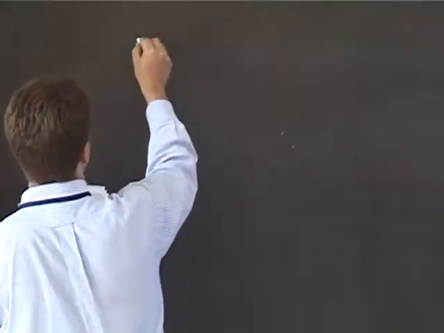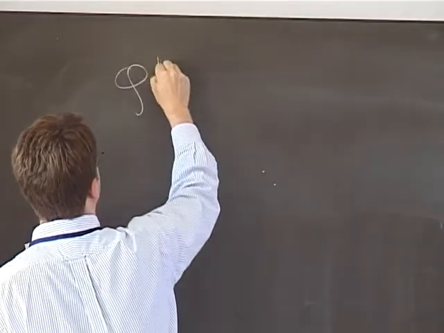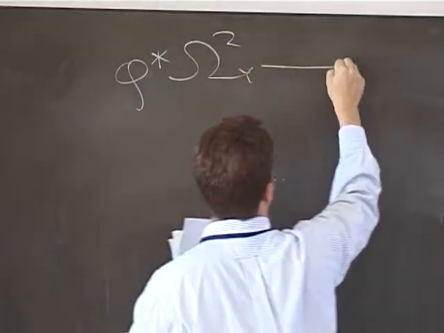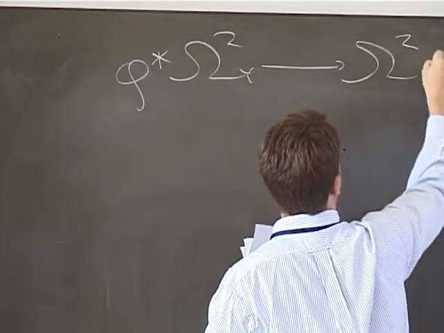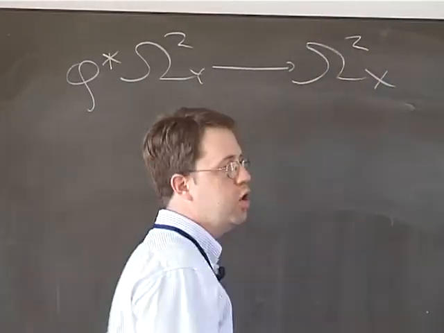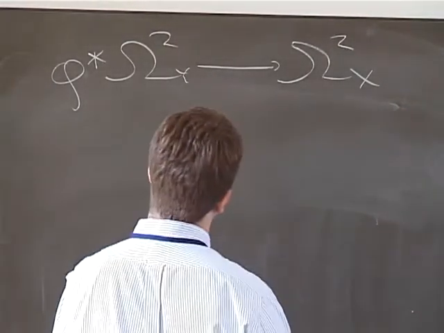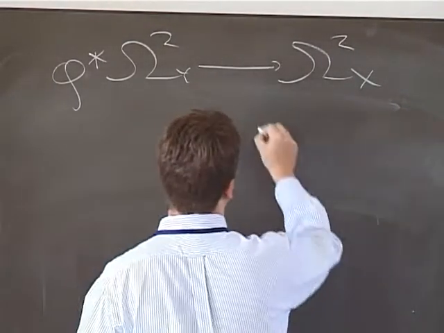What I'd like to do is consider the map induced on 2-forms by pullback. So this is just the pullback on 2-forms.